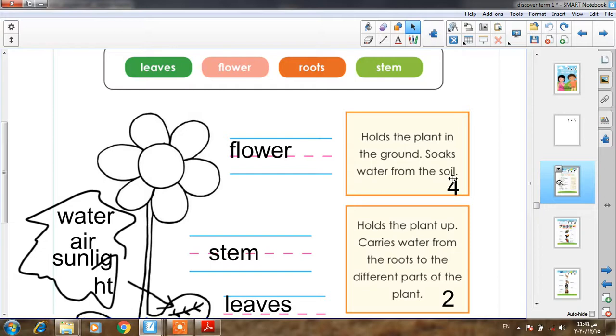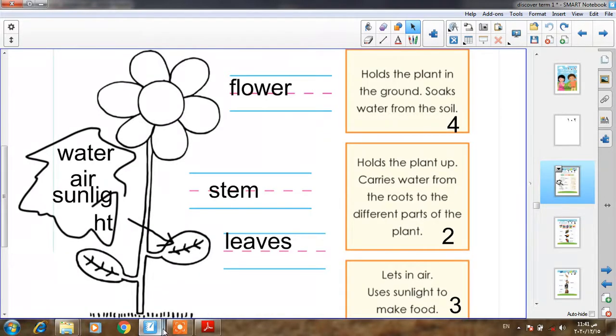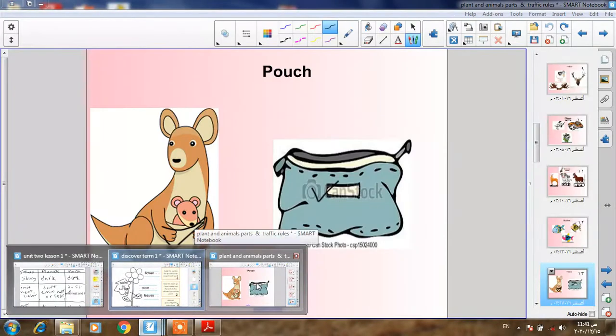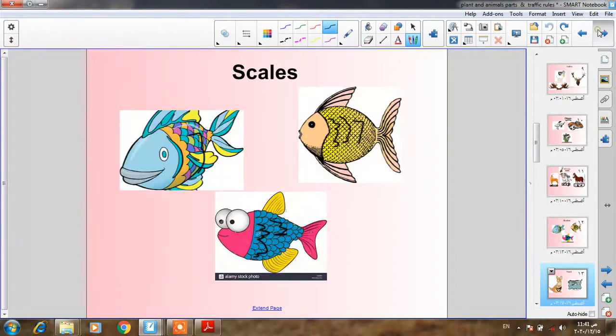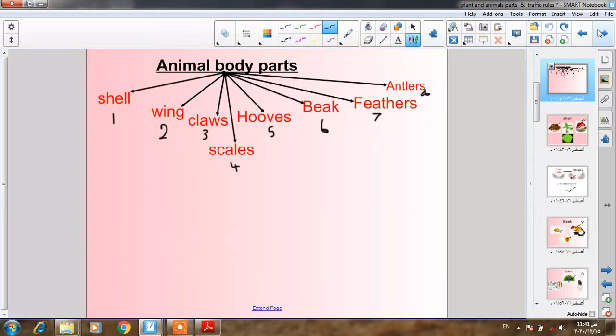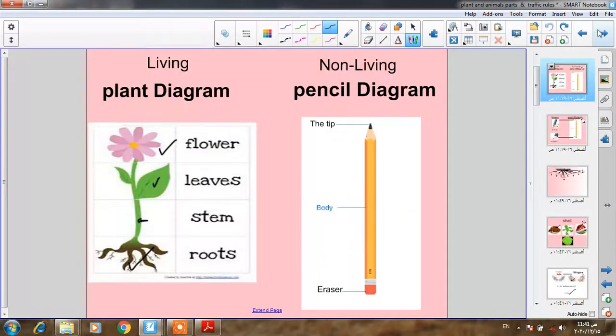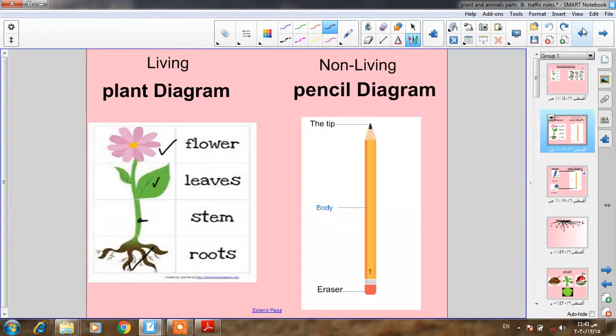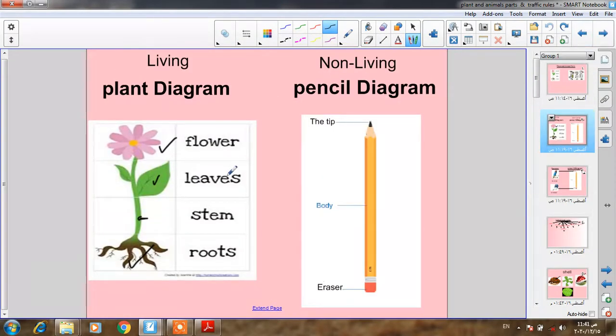So the parts of the plant, Junior 1, what are they? Flower, leaves, stem, roots.